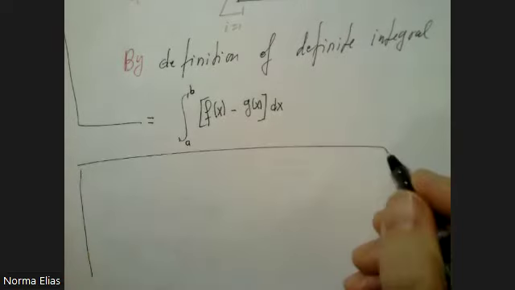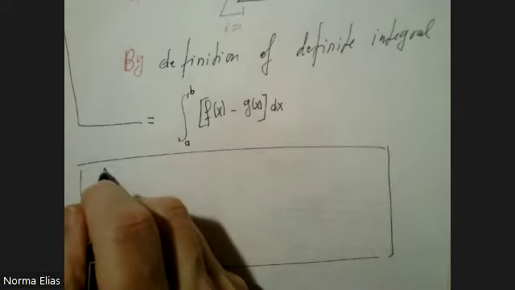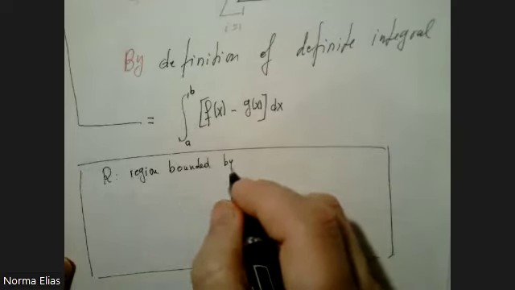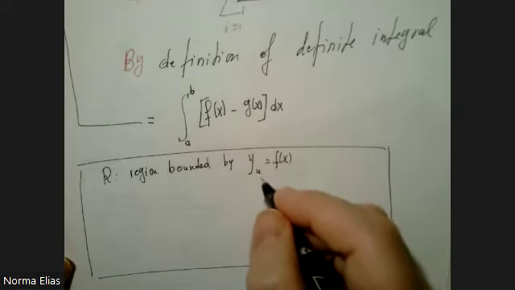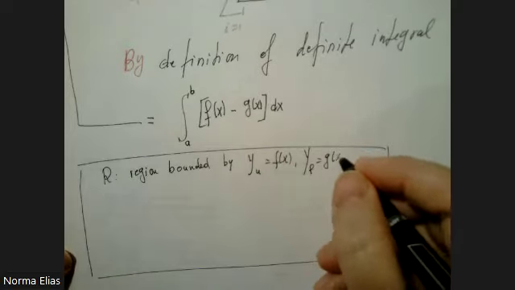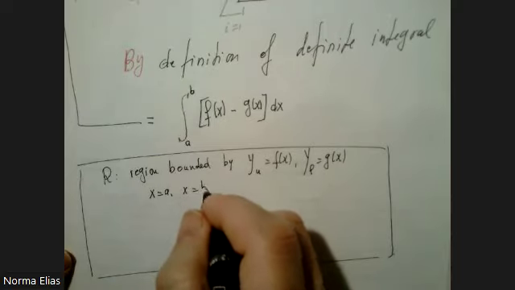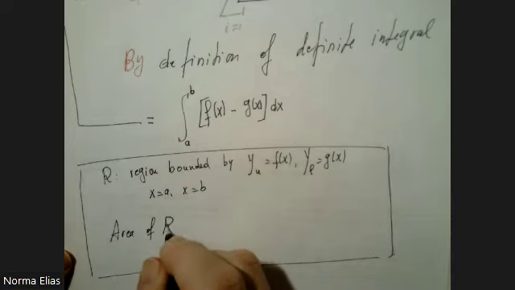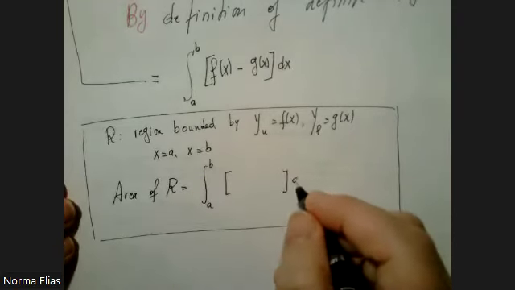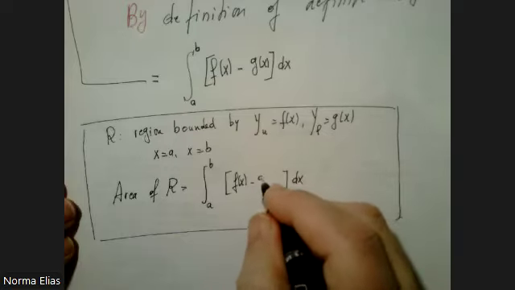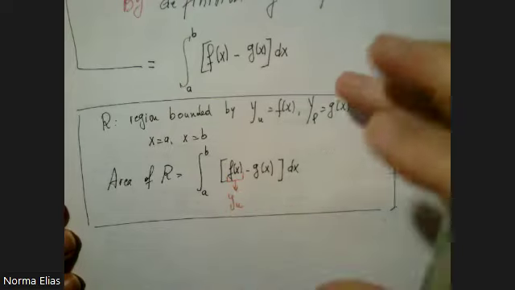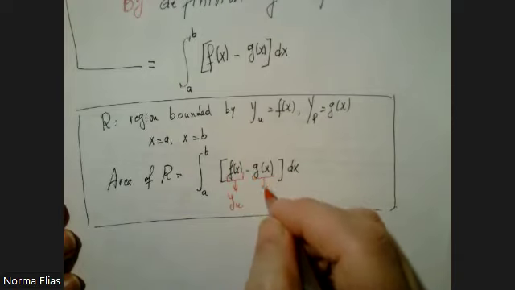So now we have the following idea. If R is the region bounded by y equals f of x, where U stands for upper curve if you guys are writing, the lower curve g of x, x equals a, x equals b, then the area of R is going to be the integral from a to b of f of x minus g of x dx. f is always your upper curve, because we're finding the length of those approximating rectangles, and g would be your lower curve.